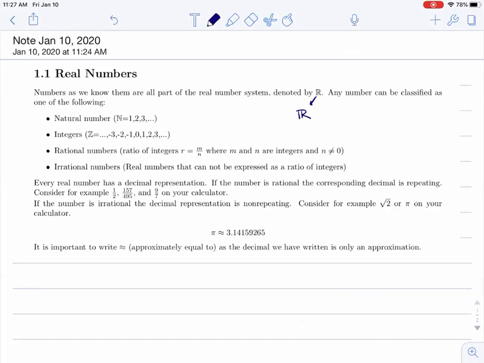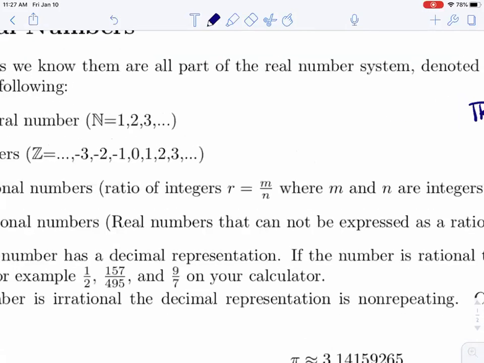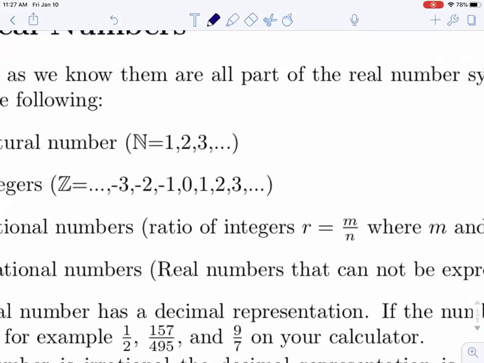It's fine if we're typing, but if we're writing and I want to talk about the set of real numbers, any number that we can think of, then I summarize it with this capital R with just a double back. Okay. Same thing for the set of natural numbers.